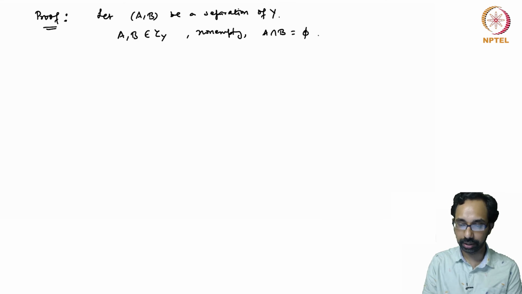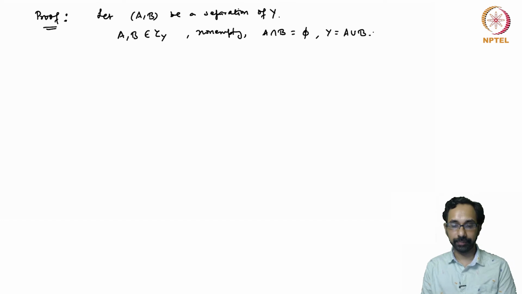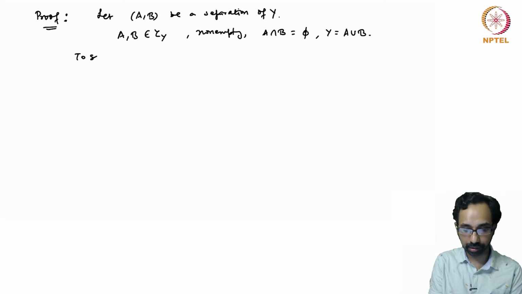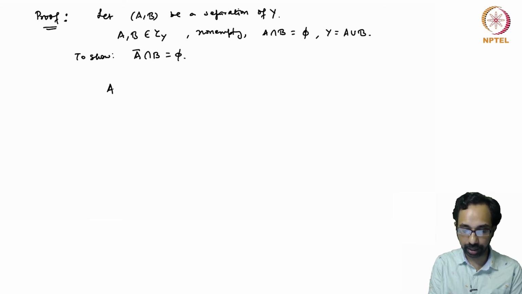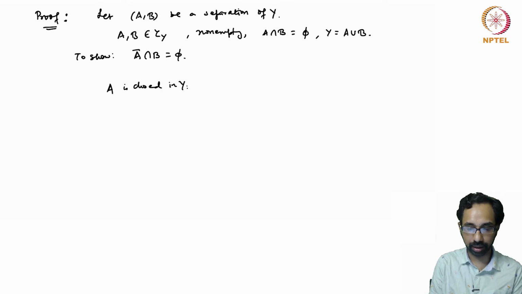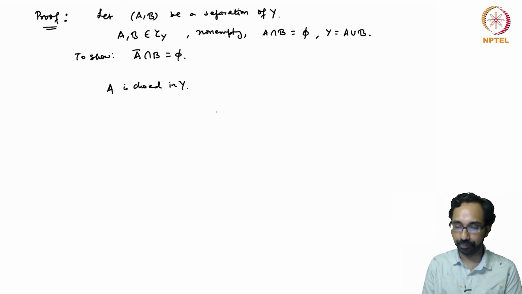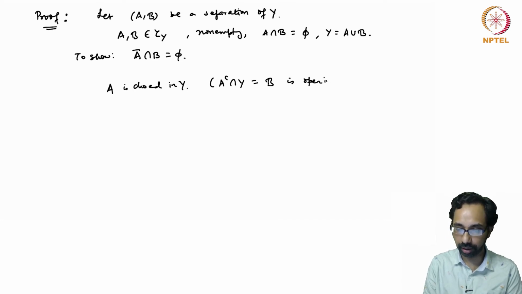They are disjoint sets, and finally Y equals A union B. So now to show that A closure intersection B is the empty set, we have that A is closed in Y, right? Because the complement of A in Y is just B, which is open in Y.